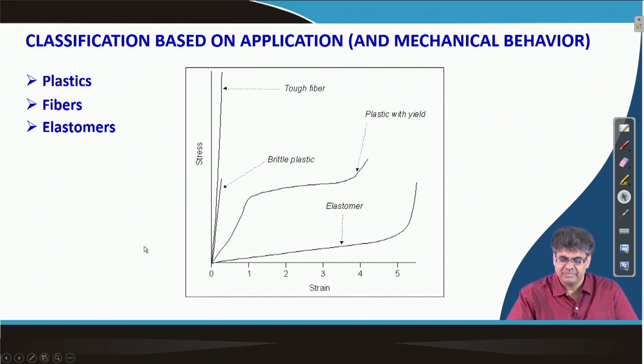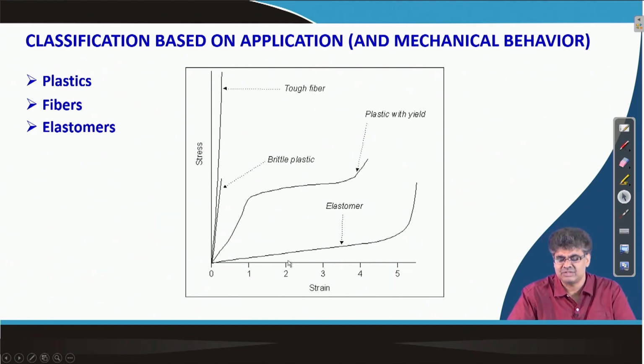So, you know what stress is. Stress is basically the applied force divided by area. So, if you apply a force and divide by the area, we call it stress, and strain is the change in length divided by the original length.